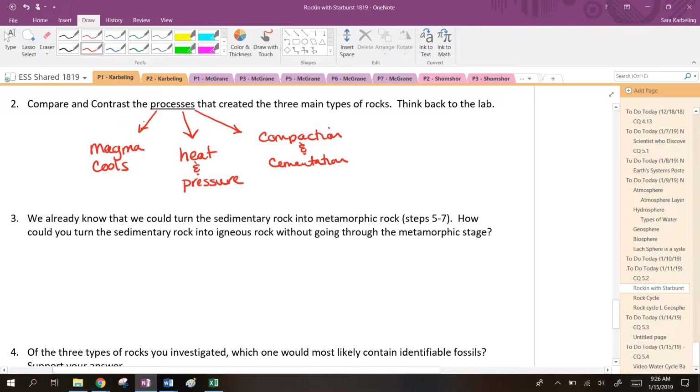There are 2 other processes that we've talked about a lot. They don't make one of the rocks, but what do they do to the rocks? They change them. The 2 that I'm thinking of, one was weathering and erosion, right? And weathering and erosion, what does that do to rocks?